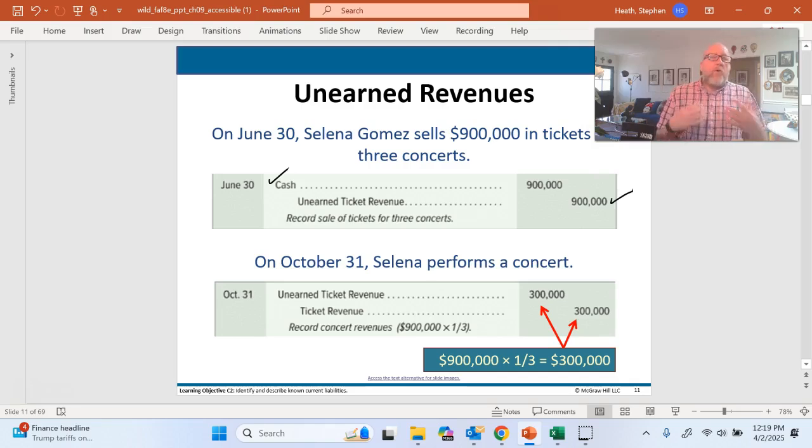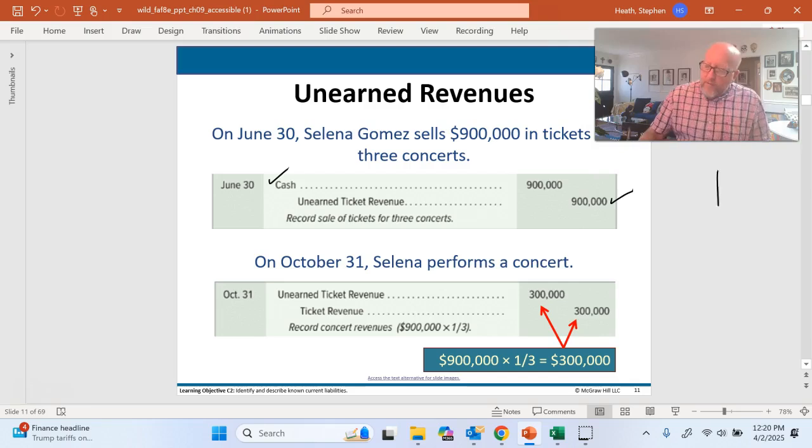And then on October 31st, when she performs at least one of the concerts and earns 1/3 of that unearned liability, we would move $300,000 from unearned revenue into the revenue account.